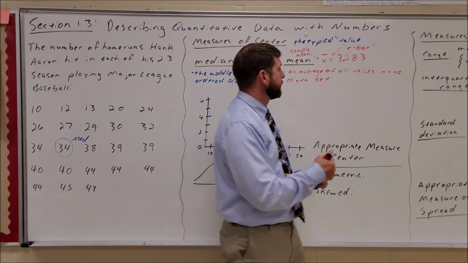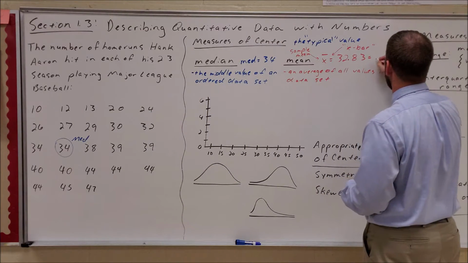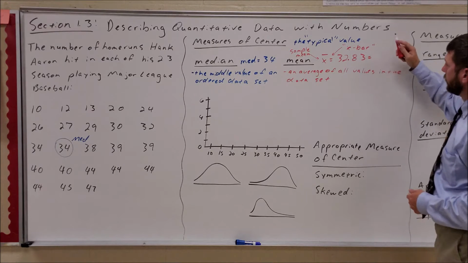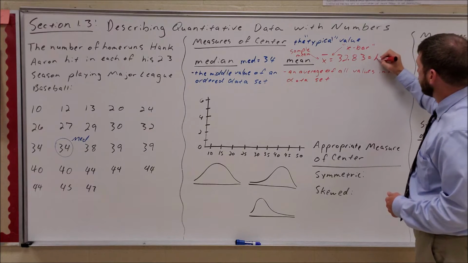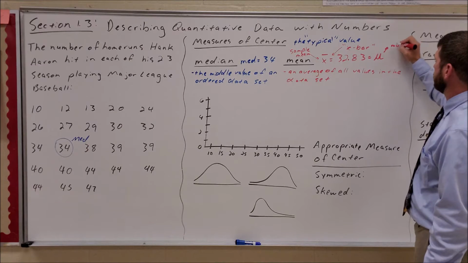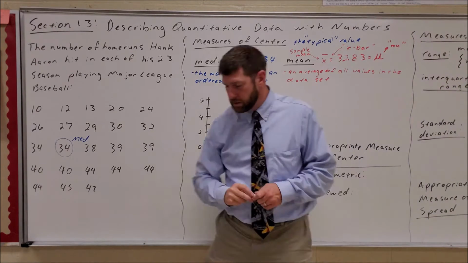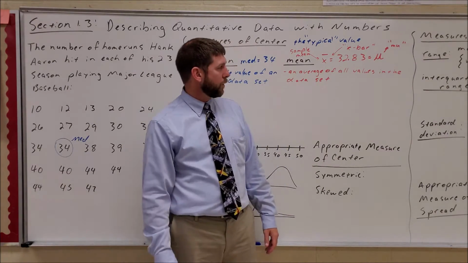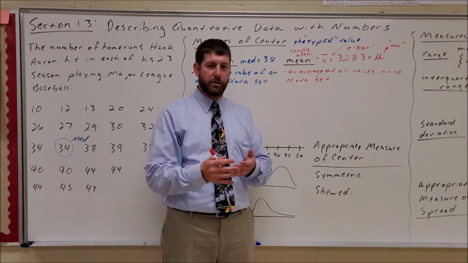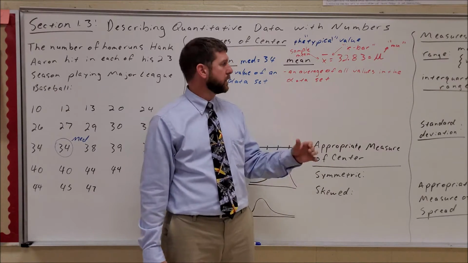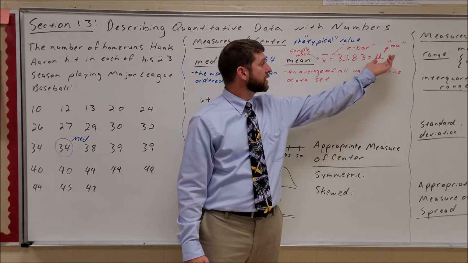If we did have the population, which is what we have here, all of the seasons that he played, then we wouldn't actually use X bar. We would use this Greek symbol right here. That is known as mu or mu, just depending on who taught you how to say it. It looks kind of like a U or an M, but that's the Greek lowercase mu, mu for mean. So if we're talking about a population, we're going to use this symbol.